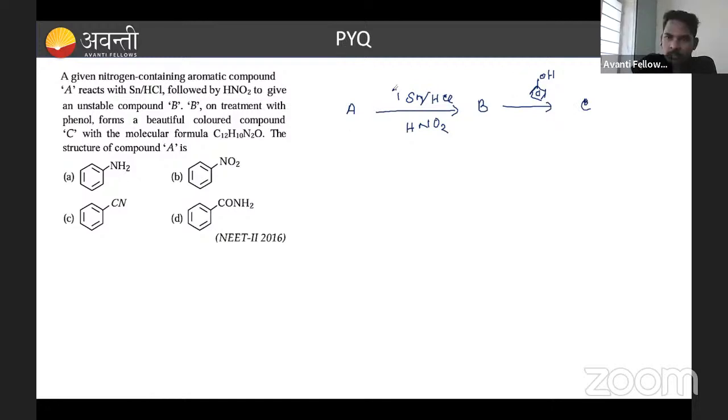So this is the first step, after that the second, this is the third, and we'll have that colored compound. So let's proceed. How to solve this question?